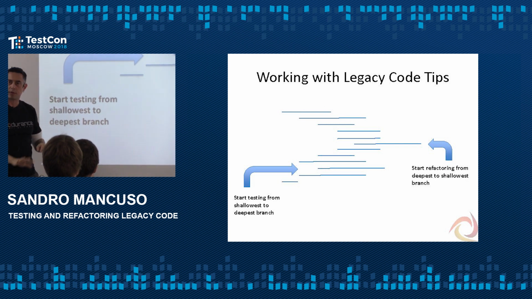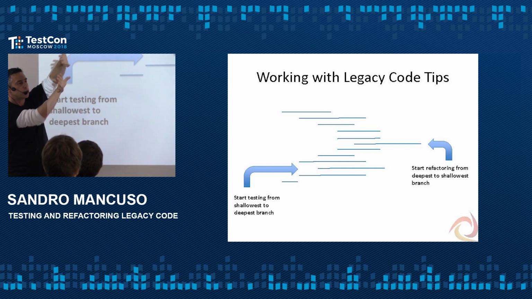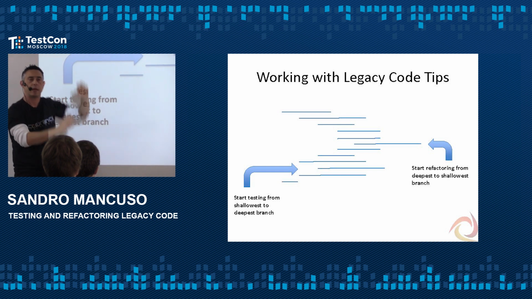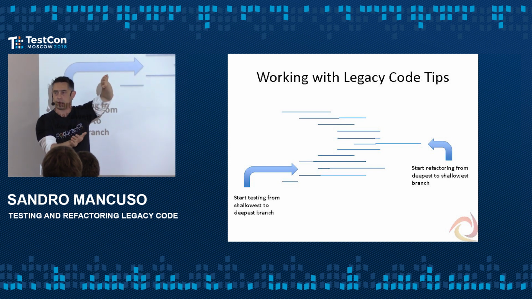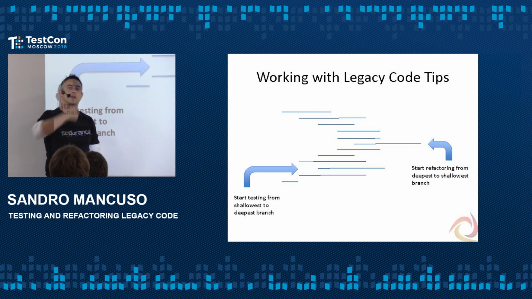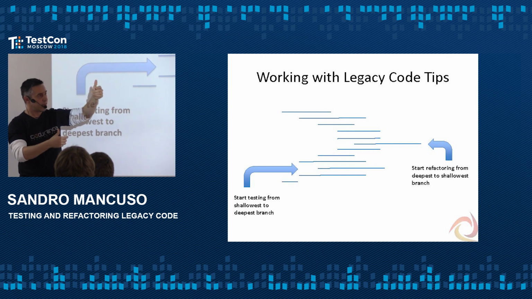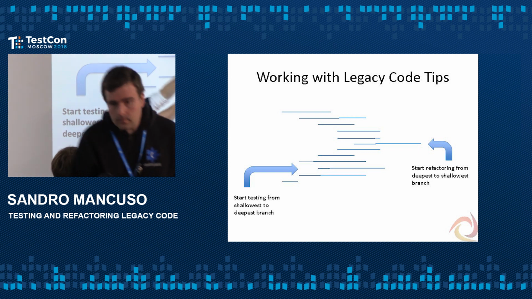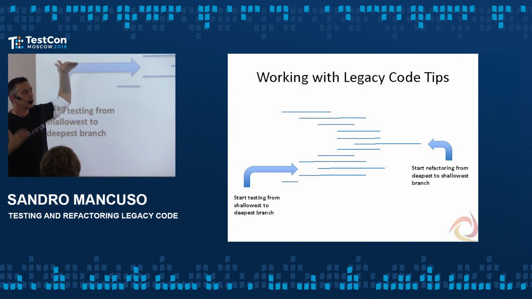I will browse through the code, and then what I will do is find the shortest branch and just try to understand what that one does. And then I will write a test that represents my understanding of that behavior. And then I'm going to run the test, run code coverage, and see if I'm executing that branch. And if yes, then I will start moving in. So I start with the shallowest branch and move into the deepest branch, because it's easier to build your understanding of the code if you do it this way.